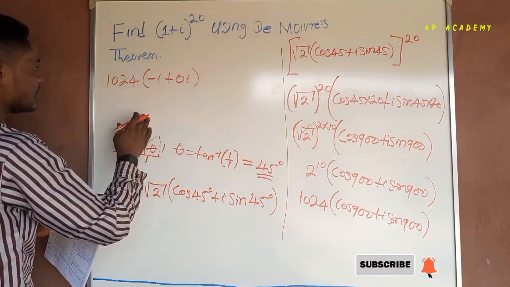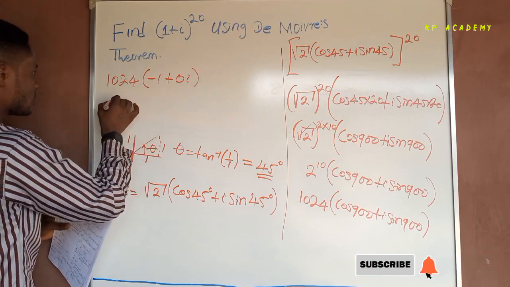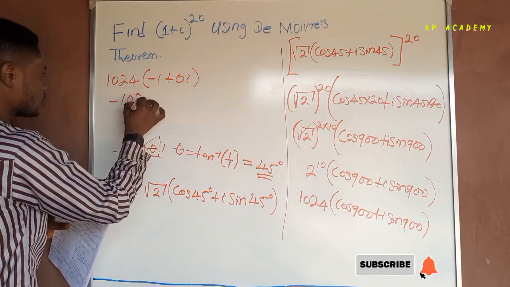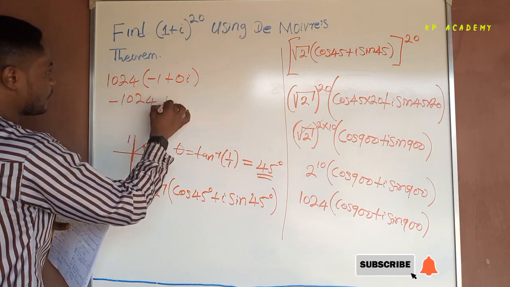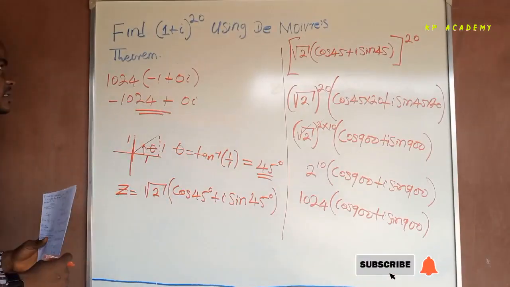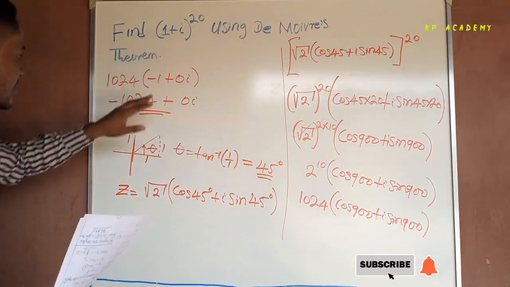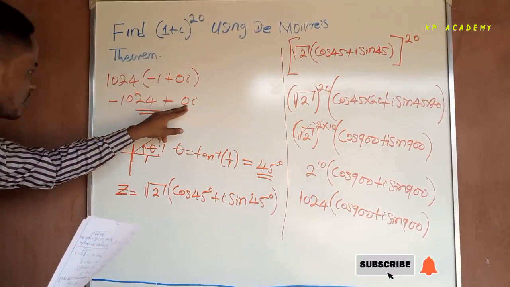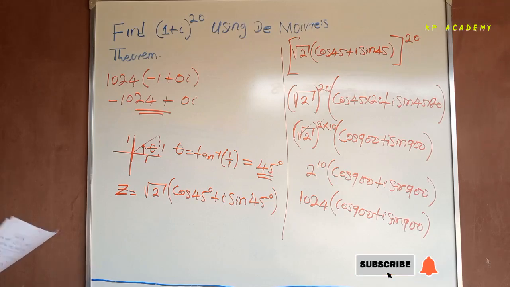Expanding the bracket, this is minus 1024 plus 0i. And this is it. This is equal to the form a plus bi. And that's it for this particular question.